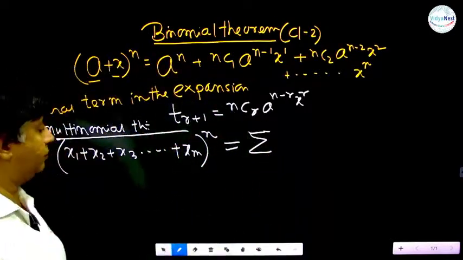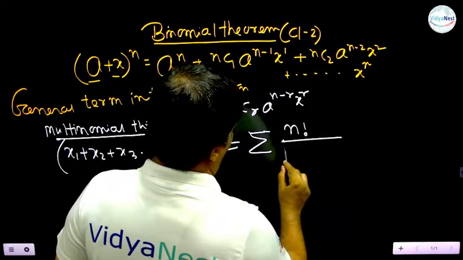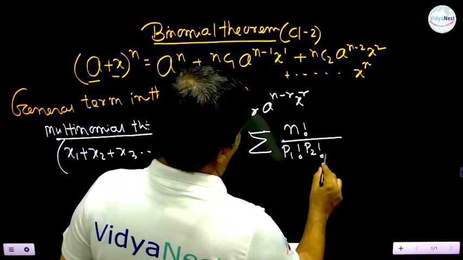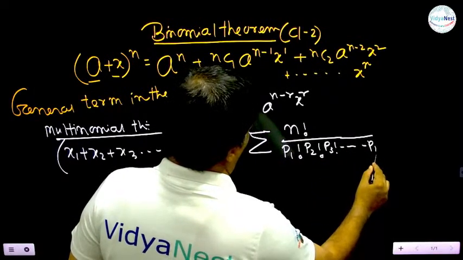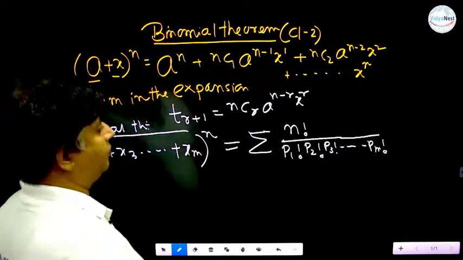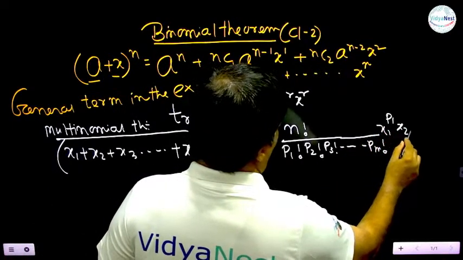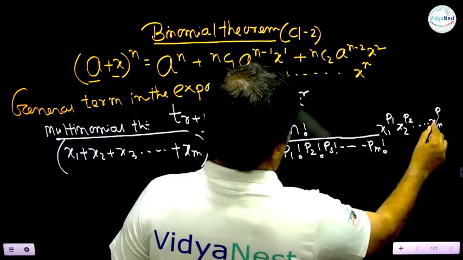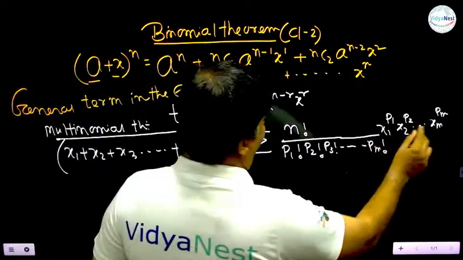Summation of factorial n by p1 factorial, p2 factorial, p3 factorial up to pm factorial. See, ये जो x1 है ये रिपीट होगा p1 टाइम्स, x2 p2 टाइम्स, xm pm times. So these p1, p2, pm are what?